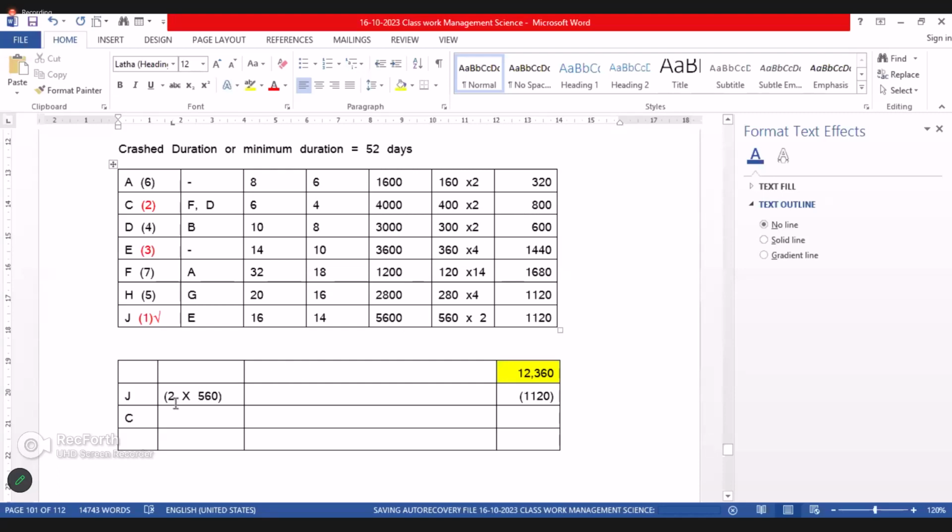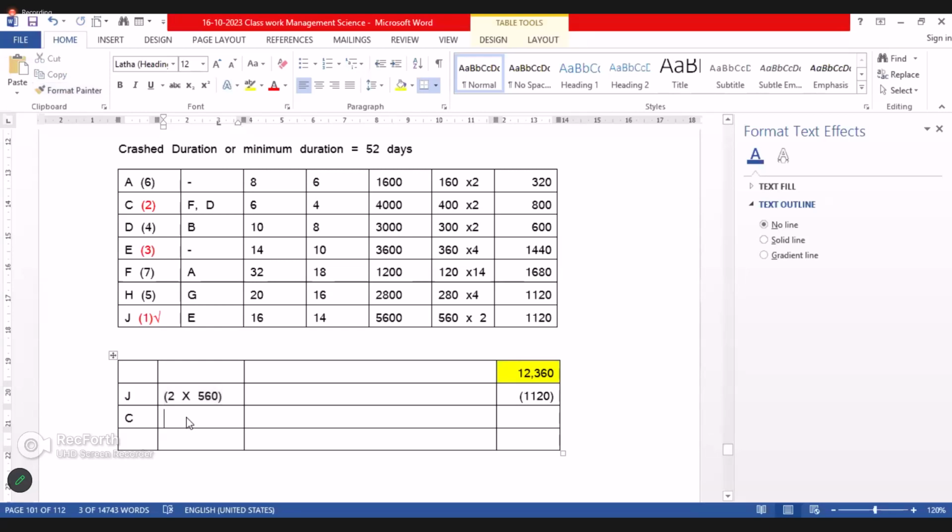So therefore, in C also we have to make this adjustment. 2 into 400, 800.